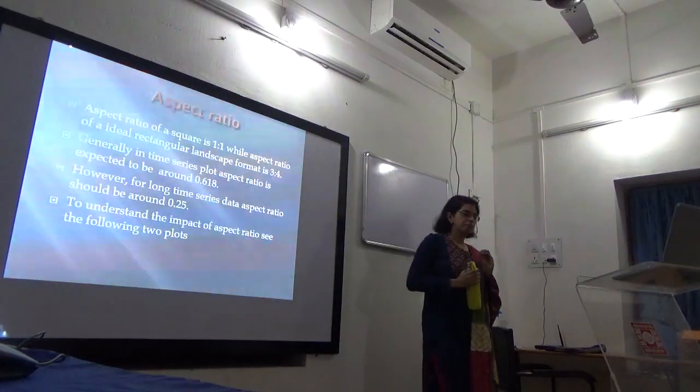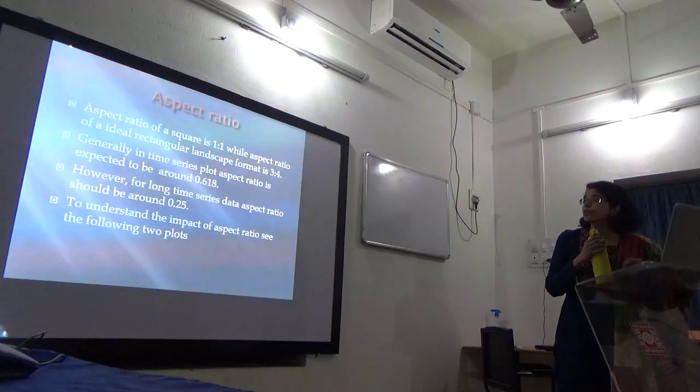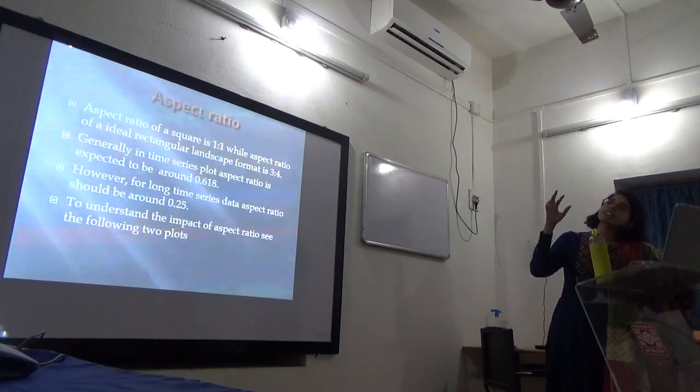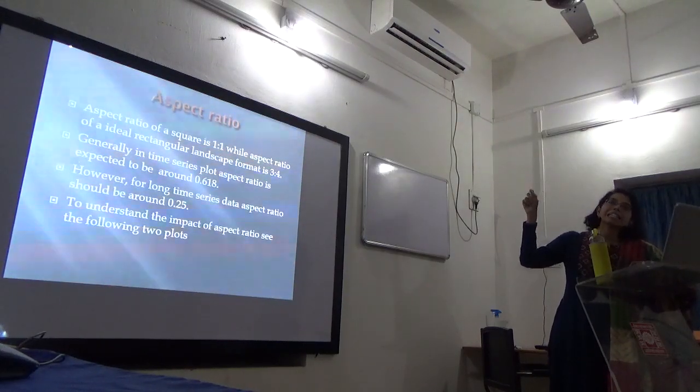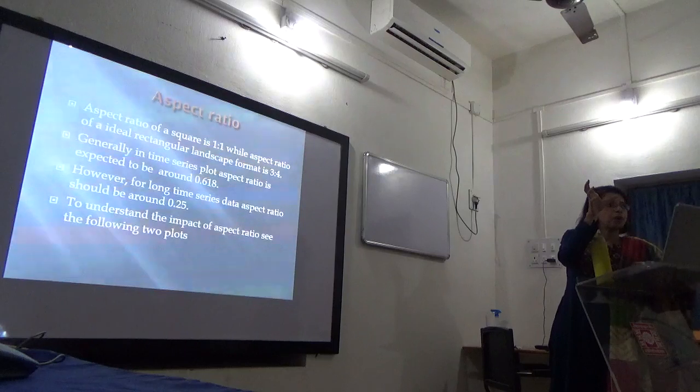Now the good part is that in R, which you are going to learn in a while, you can change your aspect ratio. There is one option called asp. So if you just say asp equal to 0.2, it will squeeze your graph as per the aspect ratio 0.2.